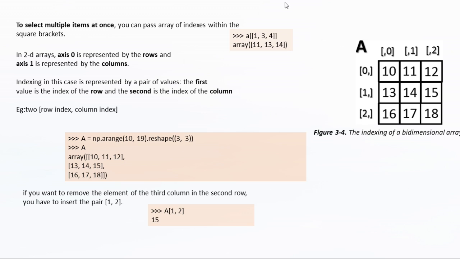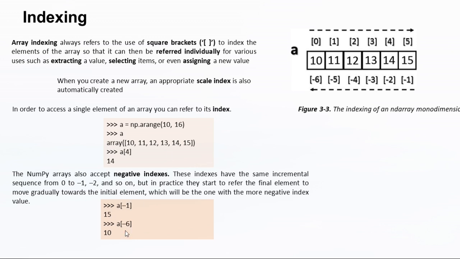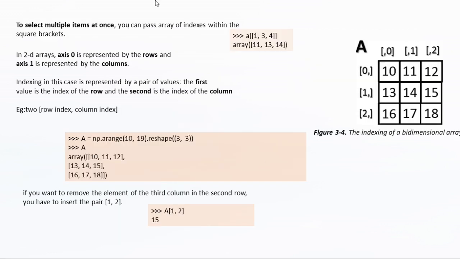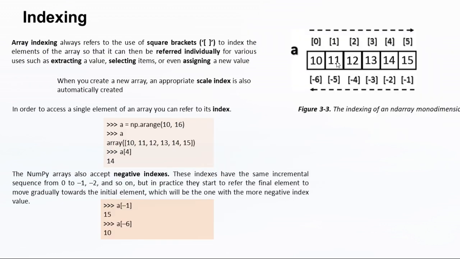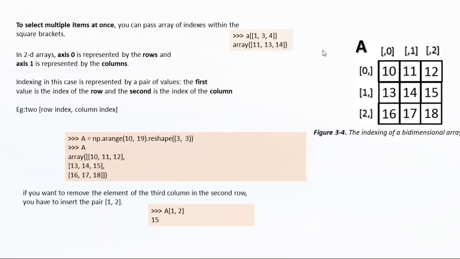Let's now see how we can select multiple items. Previously, we were accessing a single element from the array. If we want to select multiple items from the array, then you can write multiple indexes. Suppose I want to extract 11, 13 and 14 from the array. The respective indexes are 1, 3, 4, which you give within double square brackets.